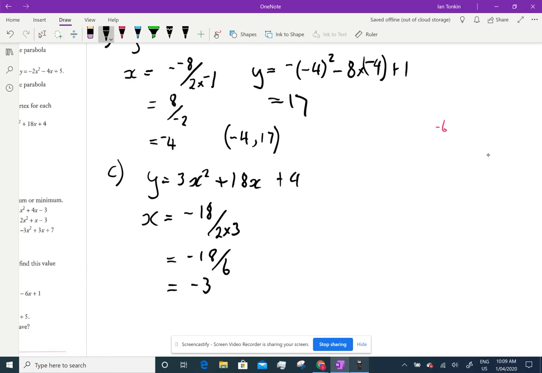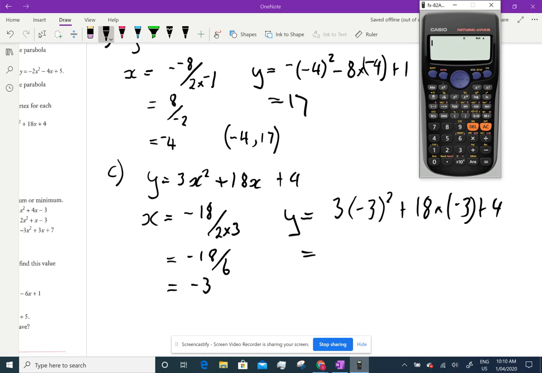Okay, well y will equal 3 times -3 squared plus 18 times -3 plus 4. And again, go to your calculator. I'm going to use that trick I just showed you. -3, that's now my answer.